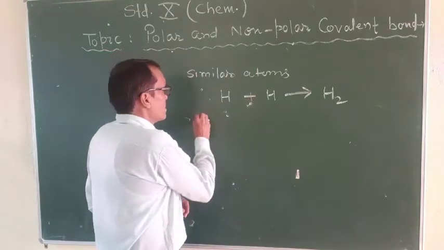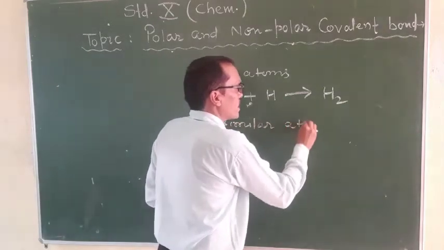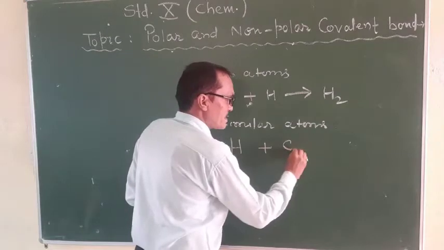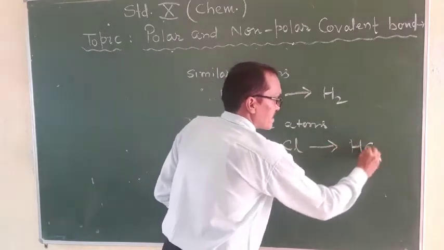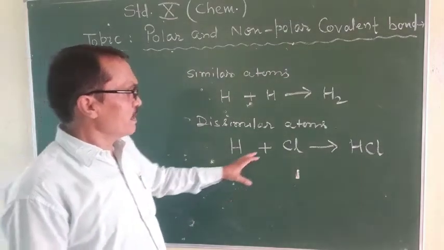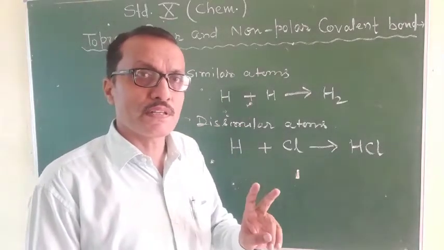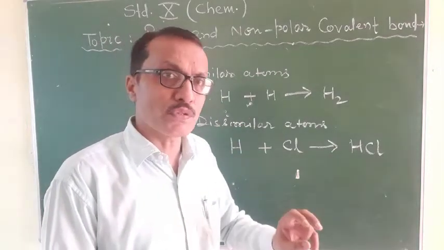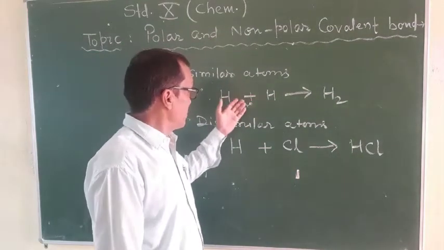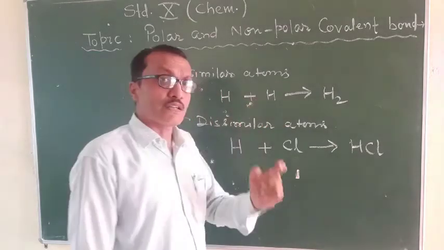Or dissimilar atoms, for example, H plus Cl, HCl. Students, you are looking here, in HCl there are two different atoms: one is hydrogen and another one is chlorine. But in the above example, the two atoms are similar.